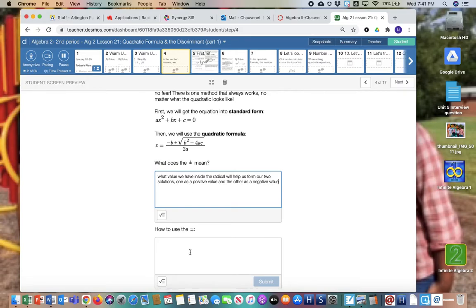Okay? So how do we use the plus minus? Well, all we're going to do is basically work our way down the entire problem, and then at the end, we're just going to leave it as the plus minus with what's in the radical. The only time this would be any different for the plus minus is if this radical becomes a perfect square. Okay, and then we look to see if we can simplify.